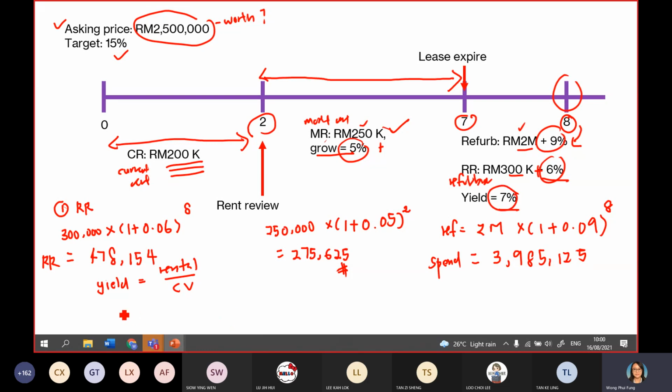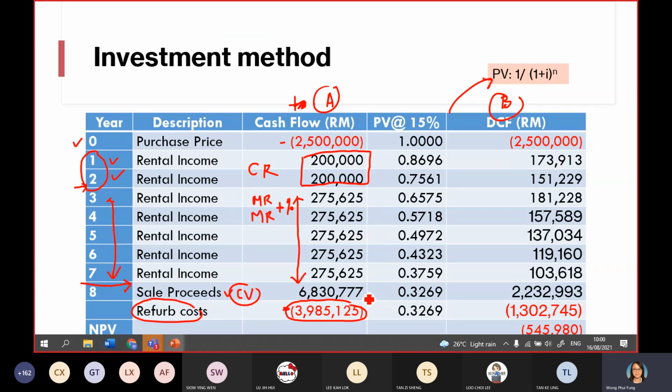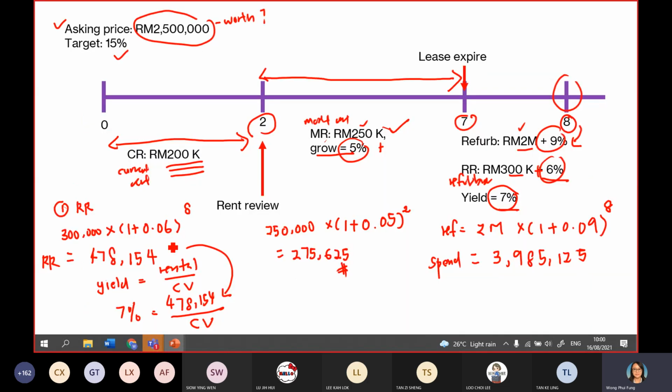Yield given 7%. Rental here already calculated. So you bring here, then you get CV. The CV, capital value, should be this value.